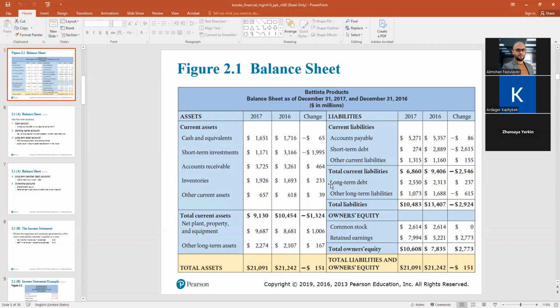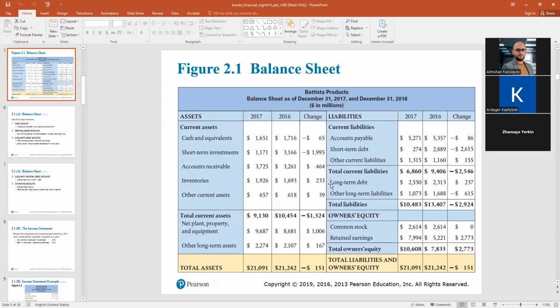By most liquid, we mean how easily you can convert to cash. It shows the capability of the conversion into cash, and all the current assets and the current liabilities have maturities less than 1 year. Apart from that, the long-term liabilities and the long-term assets are all more than 1 year. That's what we said and underlined.